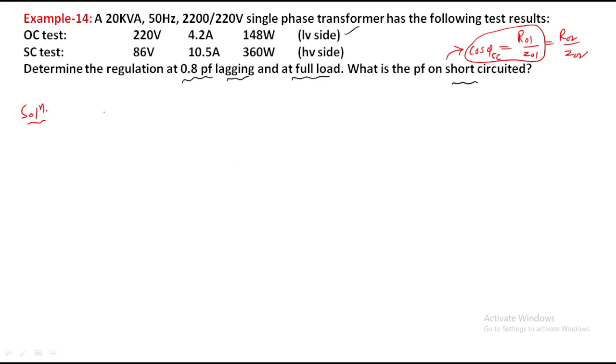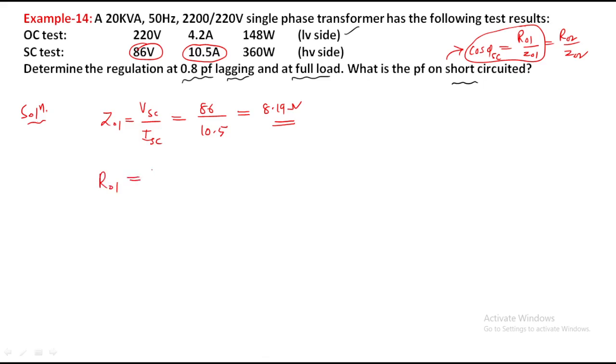We all know that Z01 should be equal to VSC by ISC. VSC is 86 volts, ISC is 10.5, so Z01 is 8.19 ohms. And then R01 we have to calculate.